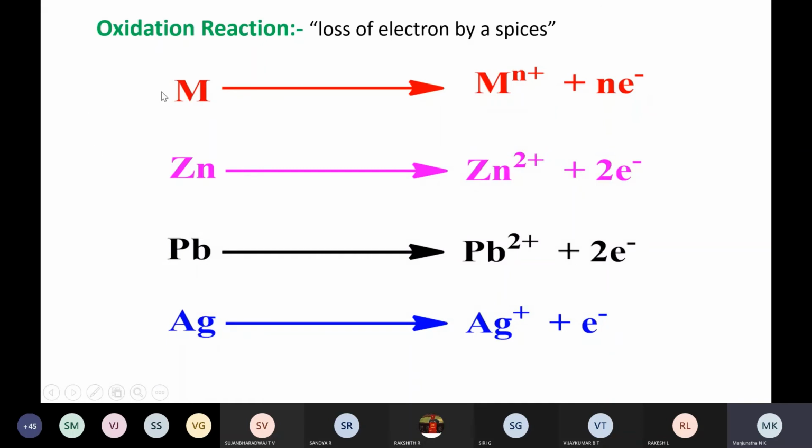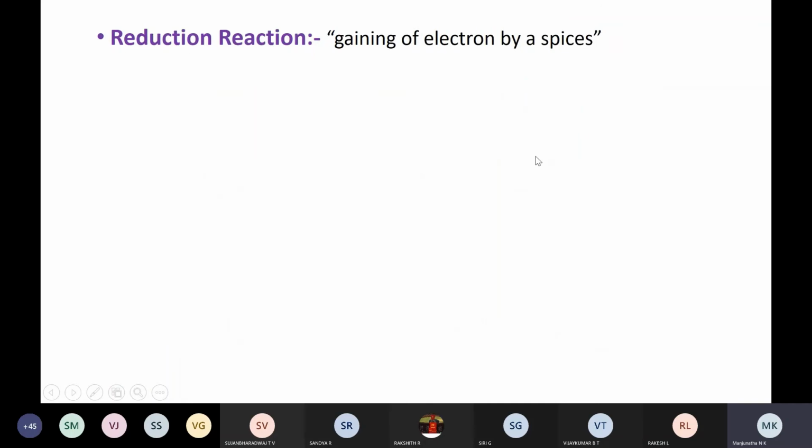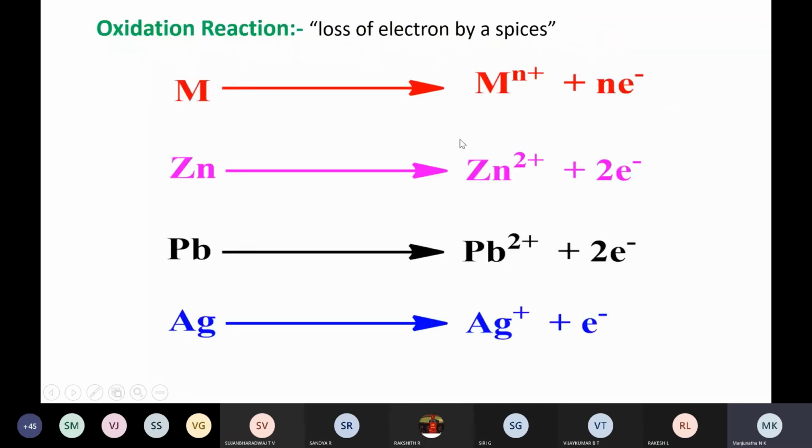See, this first equation is the general oxidation reaction. These are three examples of oxidation reactions. One thing you remember: in an oxidation reaction, the metal is converted into a metal ion with the liberation of electrons.